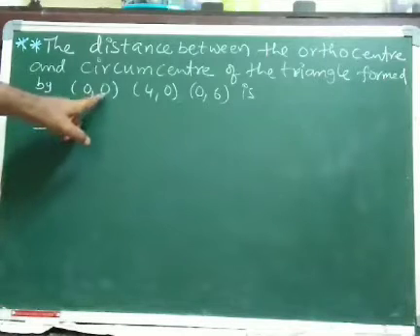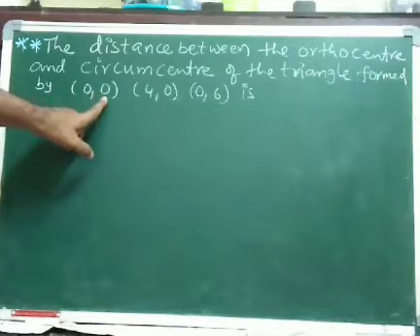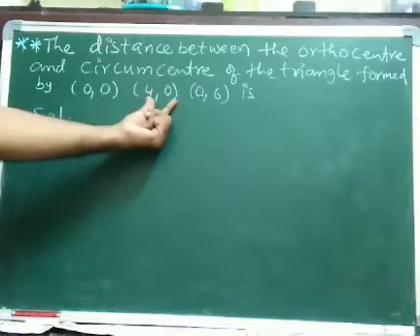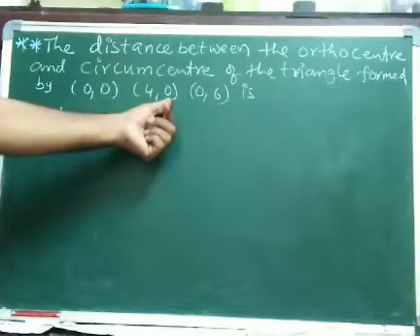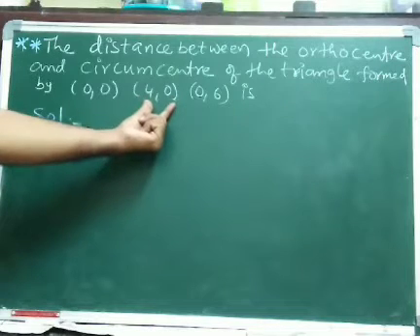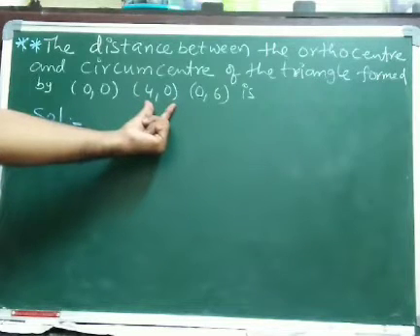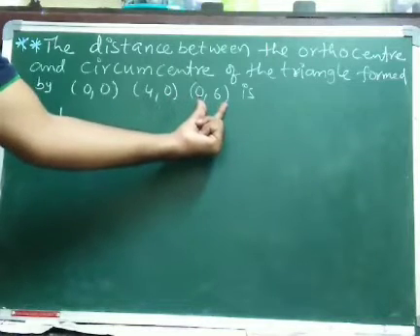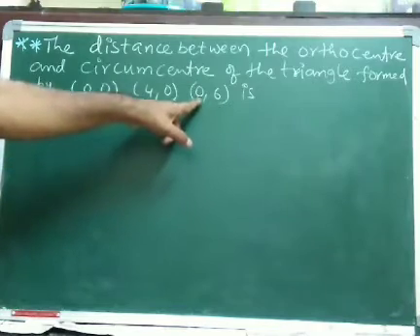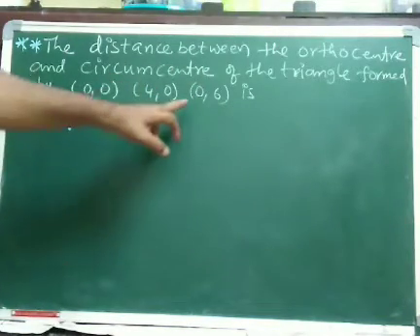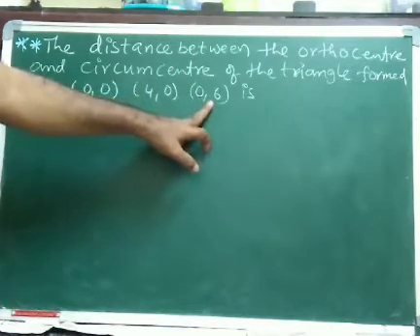Clearly 0, 0 is nothing but the origin. And if you look at the next point, 4, 0, the y coordinate is 0. That means this point lies on the x-axis. And here, 0, 6, the x coordinate is 0. Then definitely this point lies on the y-axis.